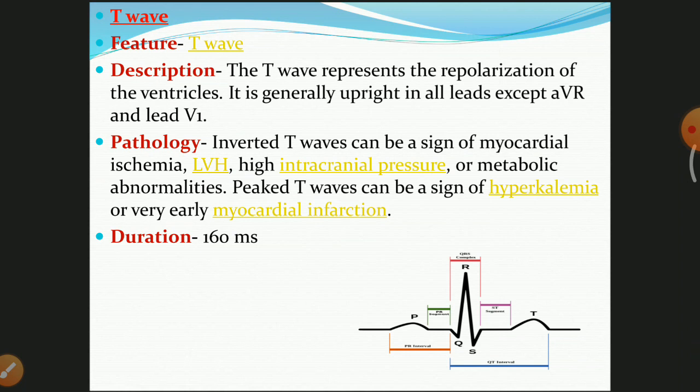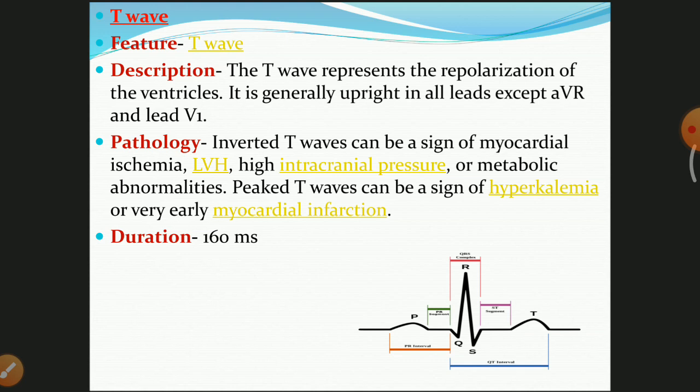Pathology. Inverted T waves can be a sign of myocardial ischemia, where cardiac tissue is being damaged, or LVH, left ventricular hypertrophy, inflammation, high intracranial pressure, or metabolic abnormalities.